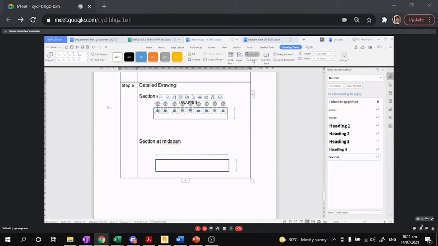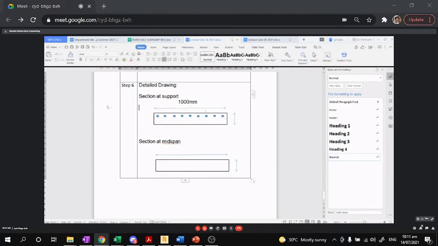Okay. So, I will drag it to the bottom. And then, I will place 8, 8, 10 steel bars. Steel bars. Up bar.